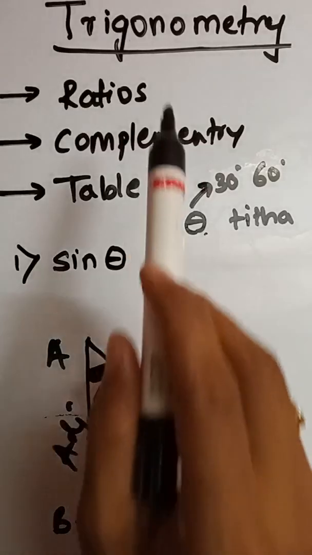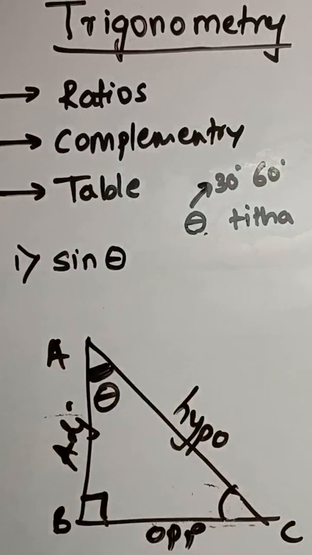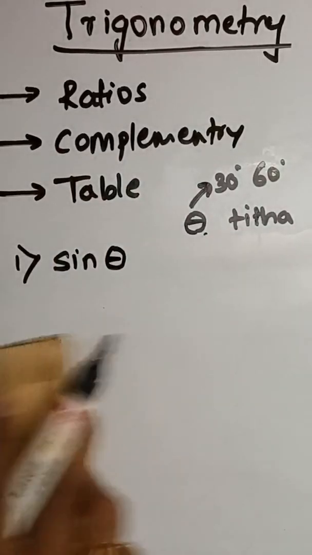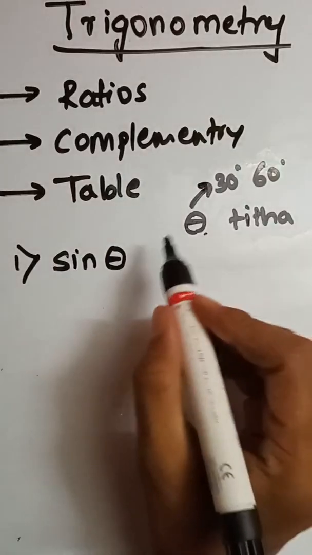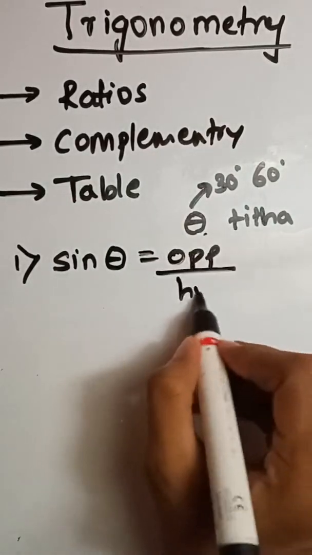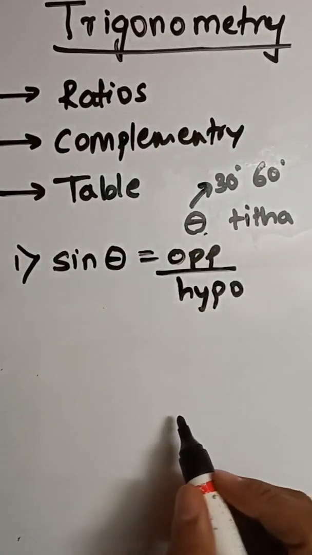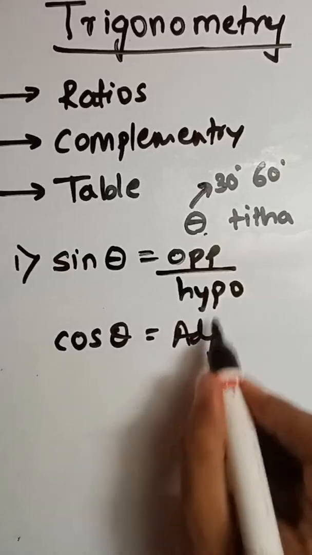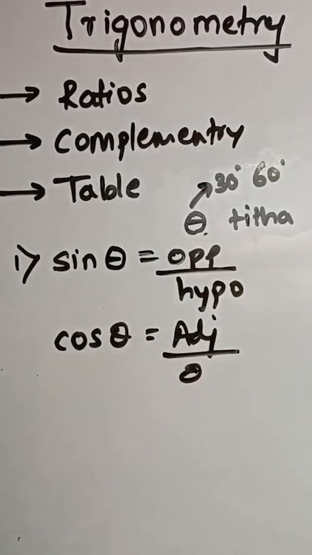Now the different trigonometric ratios. So let's understand the ratios now. We'll have to learn these ratios. For sine, the formula is opposite upon hypo. For cos, the formula is adjacent upon hypo.